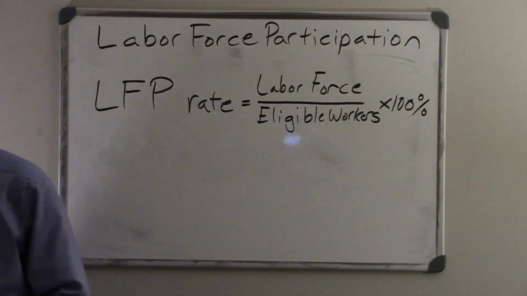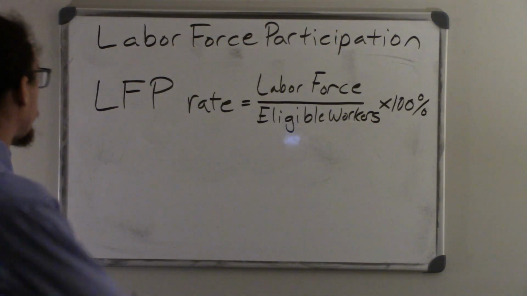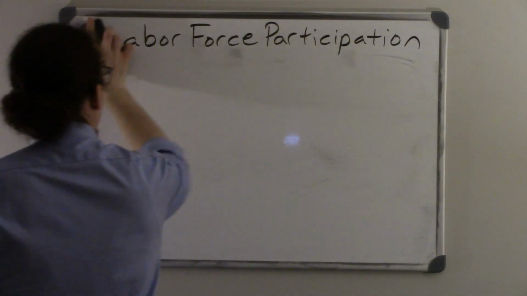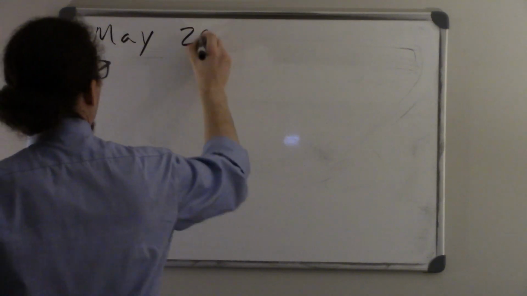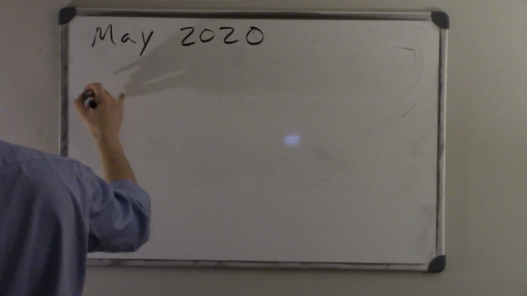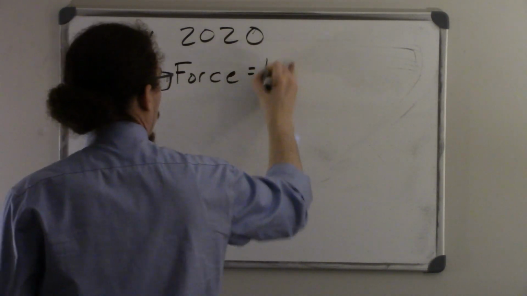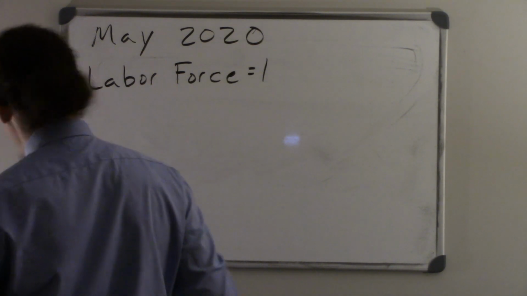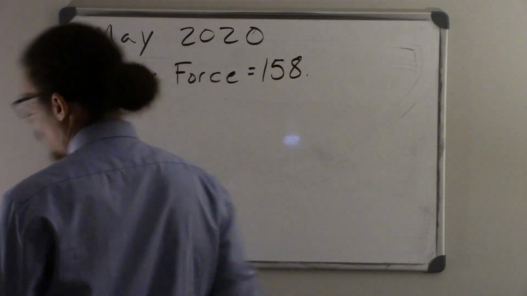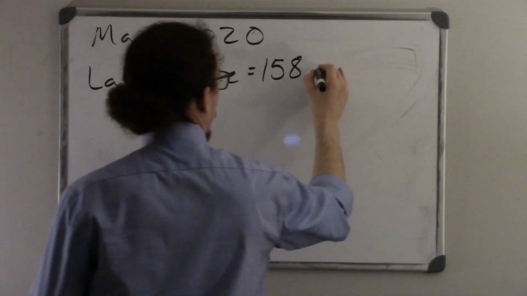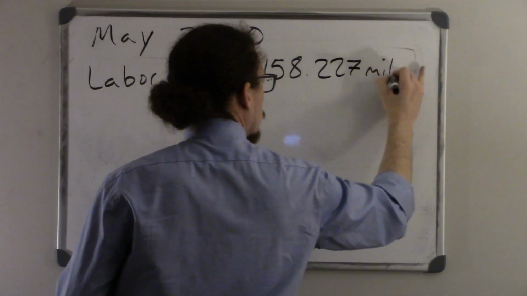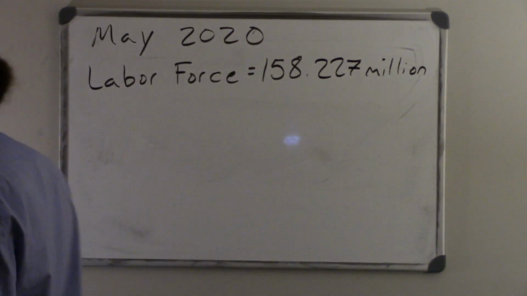All right, so let's turn once again to May 2020. We know that our labor force was 158.227 million, or if we don't remember, we know now.